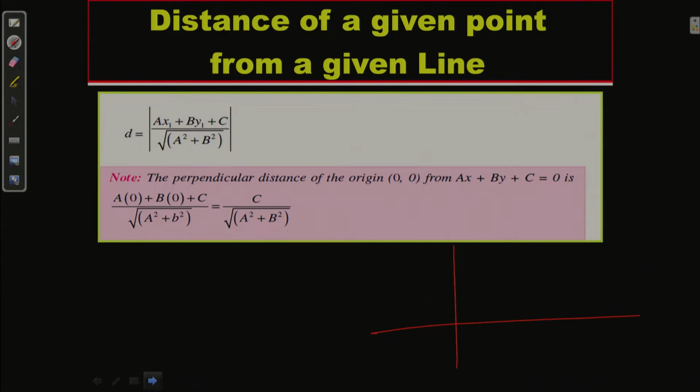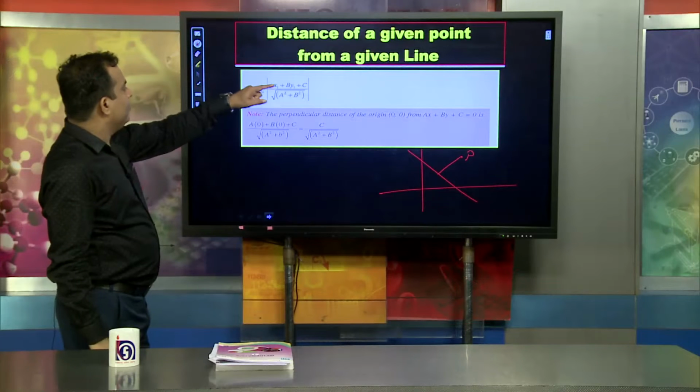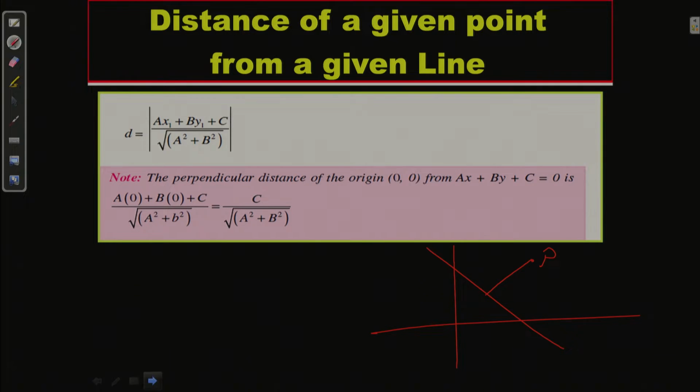Suppose this is O, the distance OP, and suppose it is the perpendicular distance.